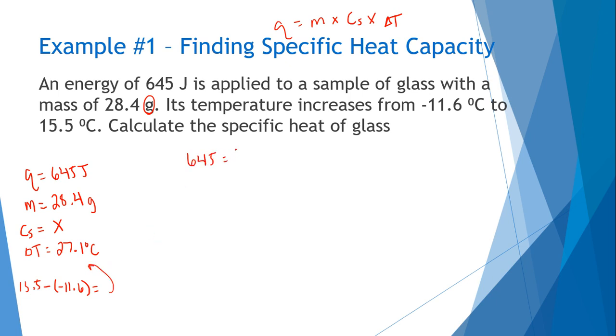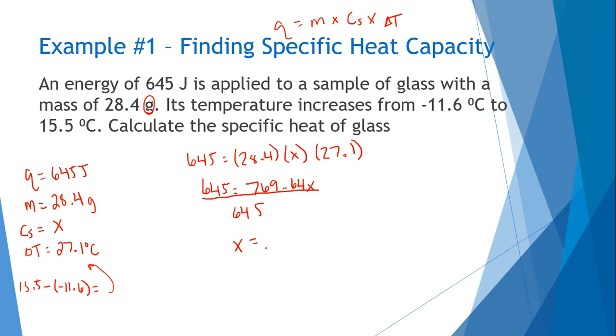Then we can plug in things into our equation. 645 equals 28.4 times X times 27.1. We can go ahead and solve using our algebra skills. And then here we can divide, and you get X equals 8.33805415552. Now we want to make sure that we go to the proper number of sig figs.